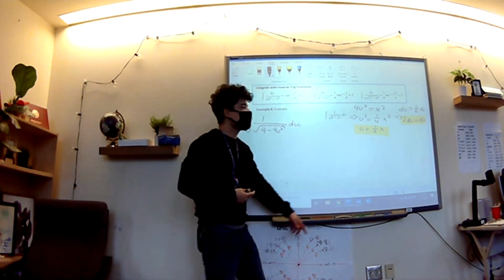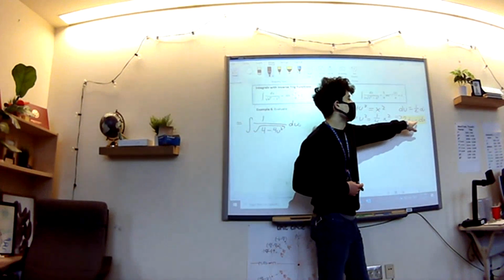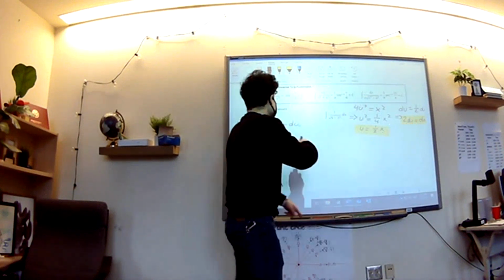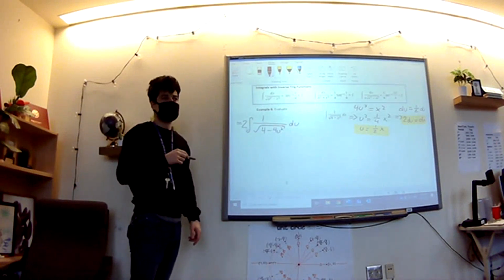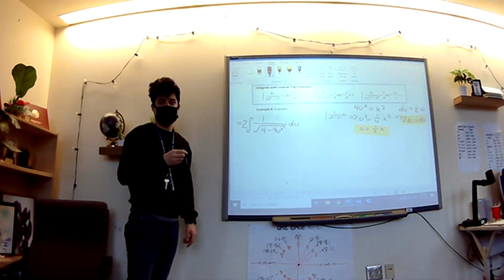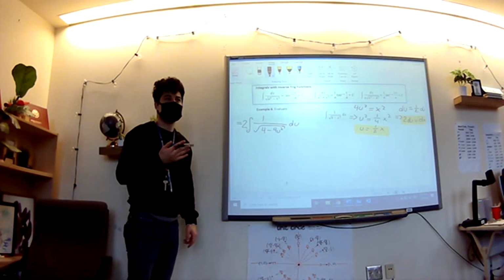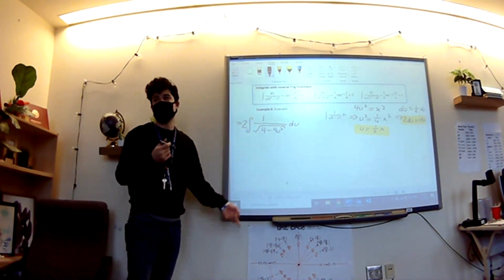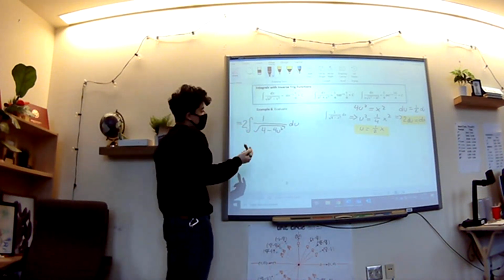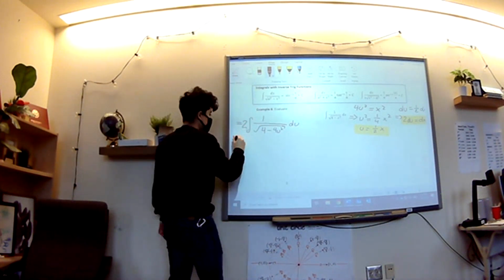Yes, I forgot that. The dx is 2 du, so I need the 2 somewhere. Thank you, good job. Other questions though? Okay, good catch.